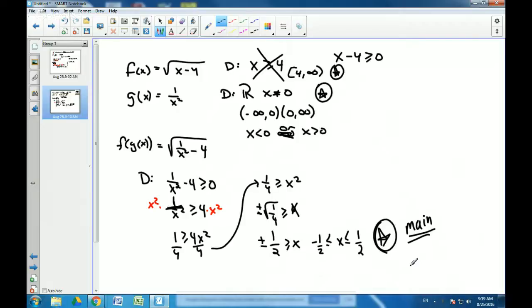Does this one still matter? It does, because 0 is in here. So I have to transfer this here and say that x cannot equal 0. We have 3 domains to consider, and now we have to combine them.